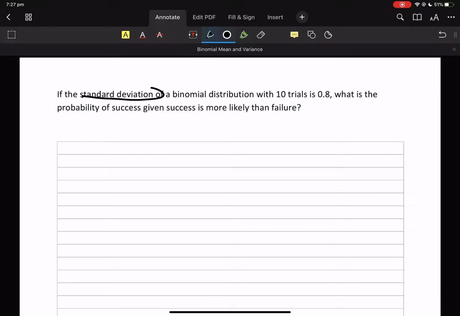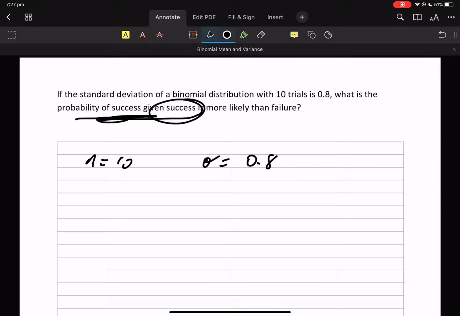We've been told a standard deviation with 10 trials, so n equals 10. Standard deviation is 0.8. What is the probability of success? So I need to find p. And I know that p is bigger than q. We've seen that before, haven't we?